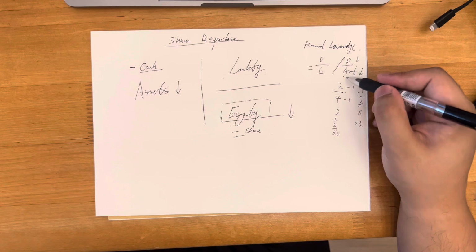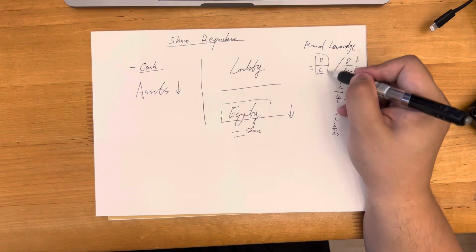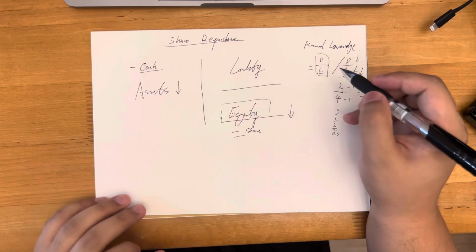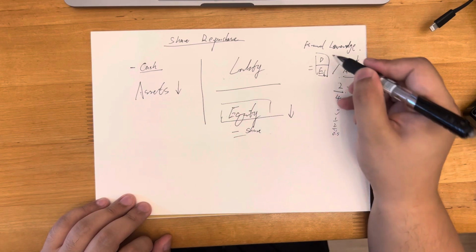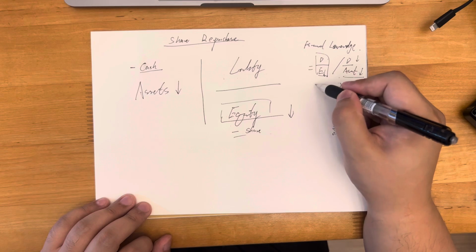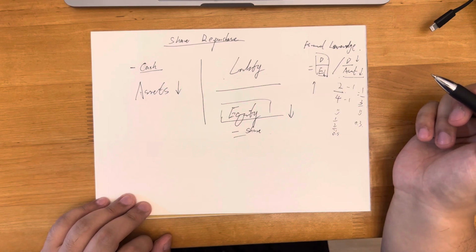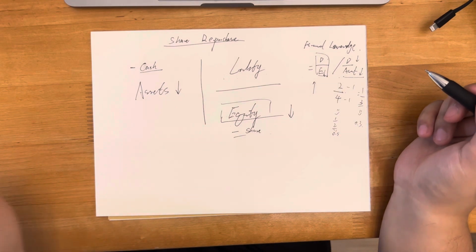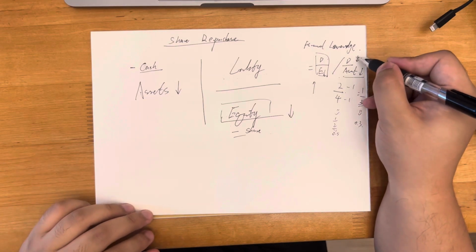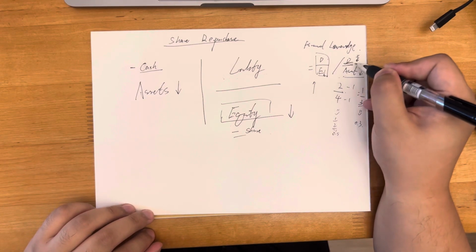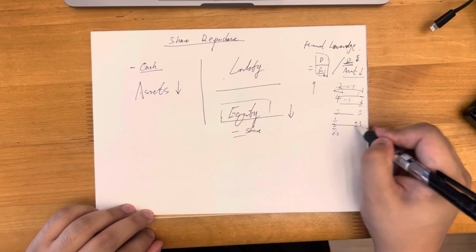But I think this part is a little bit clear because the equity is reducing, but the debt is not reducing, so the leverage goes up. Yeah, sorry, the debt is not changed. So sorry, ignore all this part.